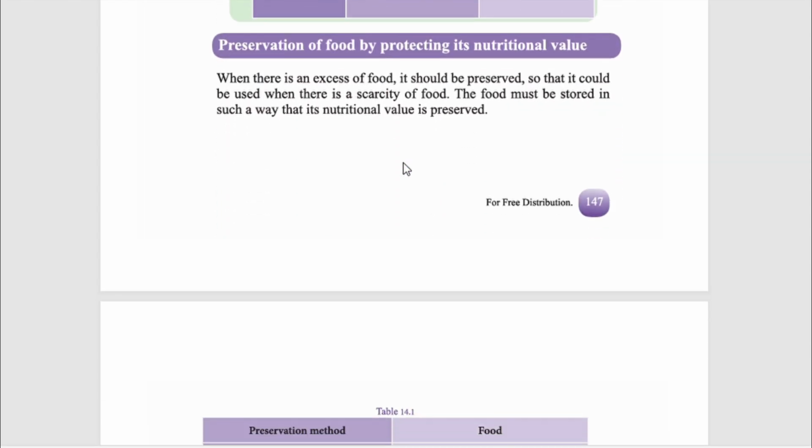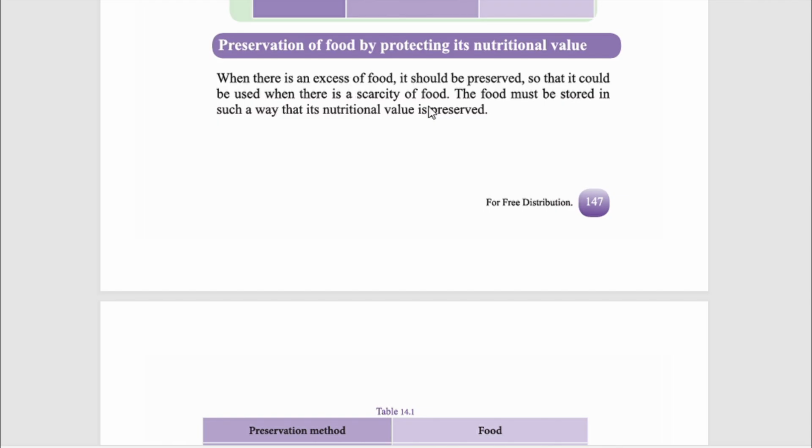Preservation of food by protecting its nutritional value. When there is excess food, it should be preserved so that it can be used when there is scarcity of food. For example, as we discussed before, lime pickle.